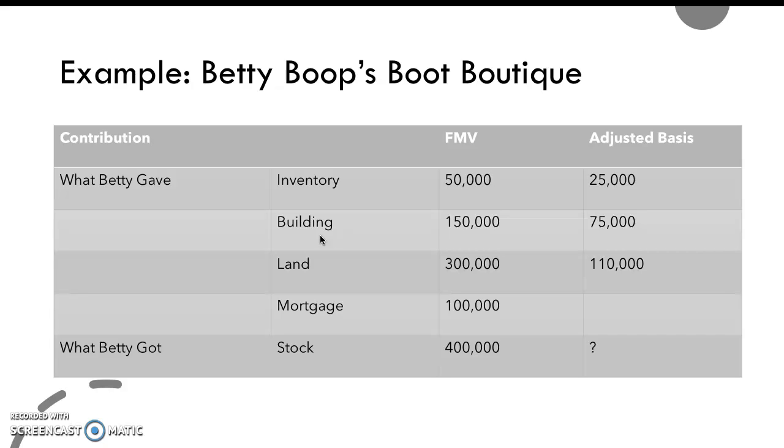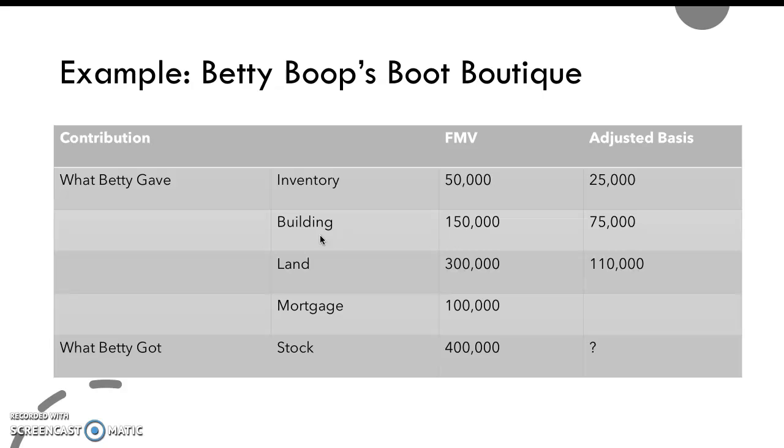She handed over inventory with a fair market value of $50,000 and adjusted basis of $25,000, a building with a fair market value of $150,000 and basis of $75,000, and land with a fair market value of $300,000 versus adjusted basis of $110,000, and she was able to shed a mortgage liability of $100,000 in exchange for stock in Betty Boop's Boutique with a fair market value of $400,000.